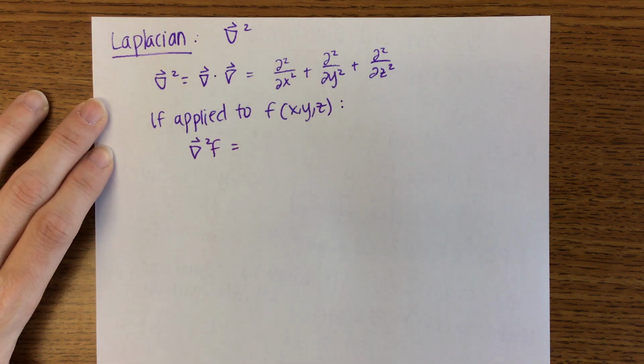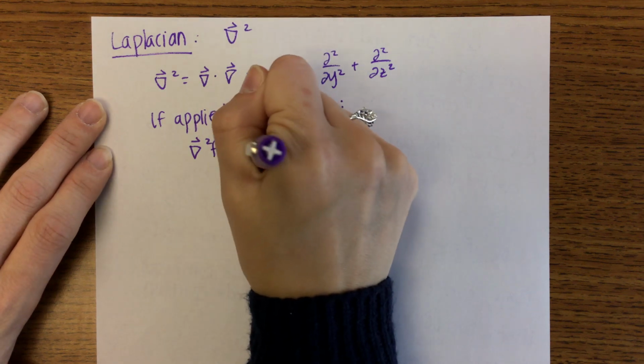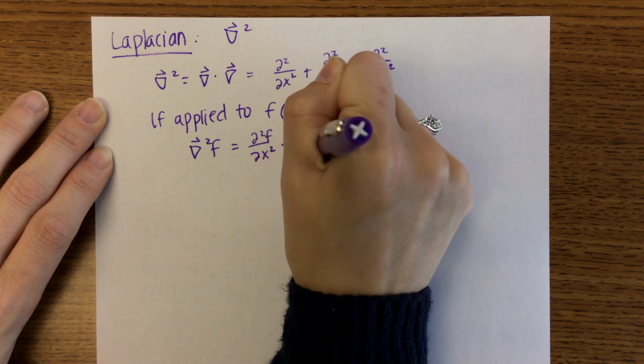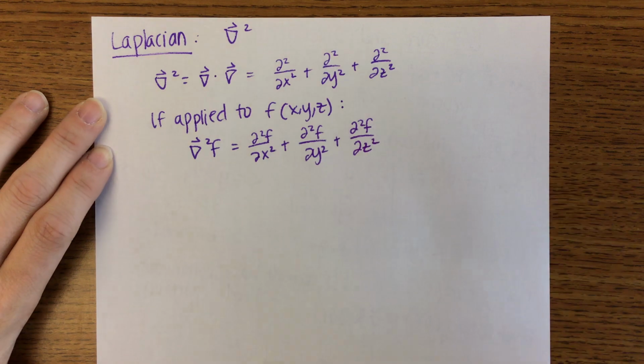Laplacian of f is going to be the second partial of f with respect to x, add the second partial of f with respect to y, add the second partial of f with respect to z.